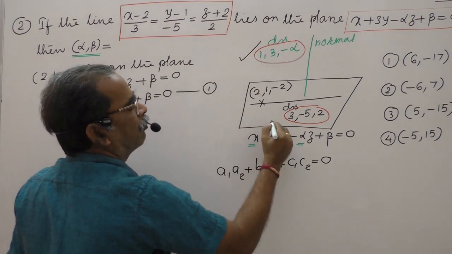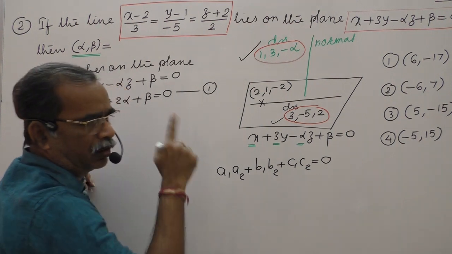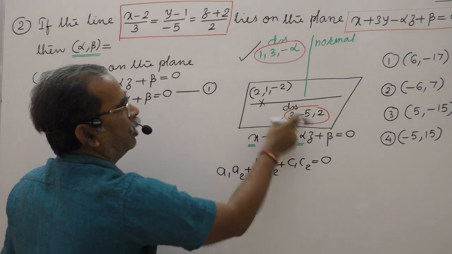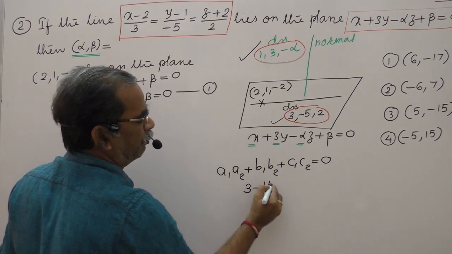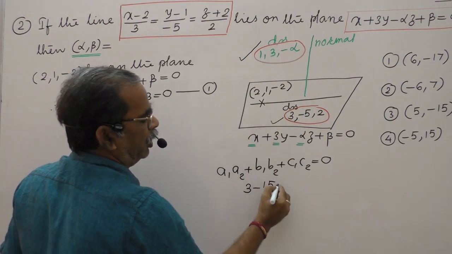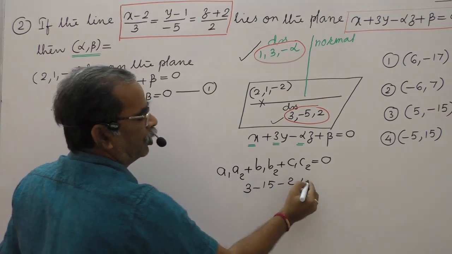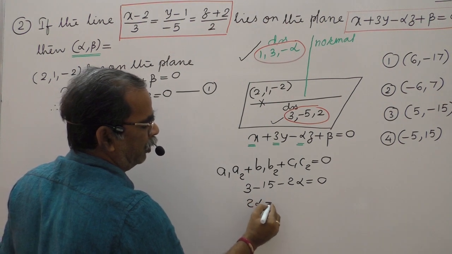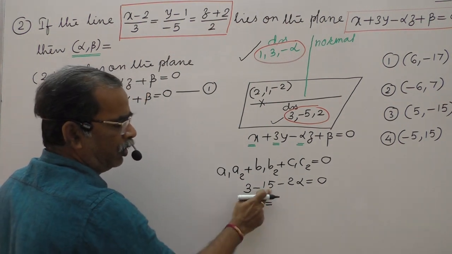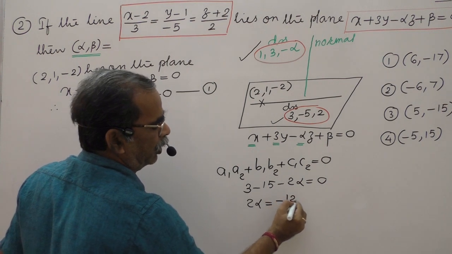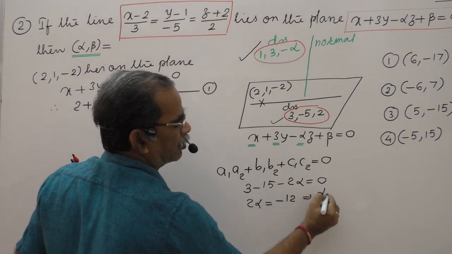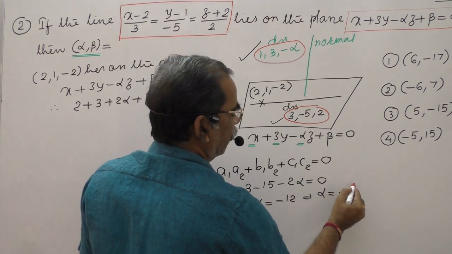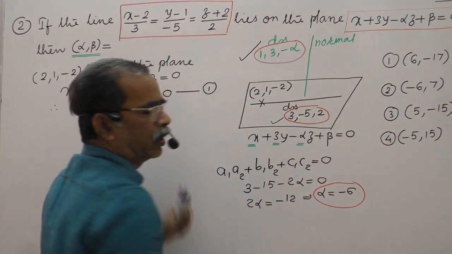A1 A2 is 3, B1 B2 is minus 15, C1 C2 is minus 2 alpha, equals 0. Writing 2 alpha on the right side, it becomes plus, and on the left side minus 12. So alpha is minus 6.